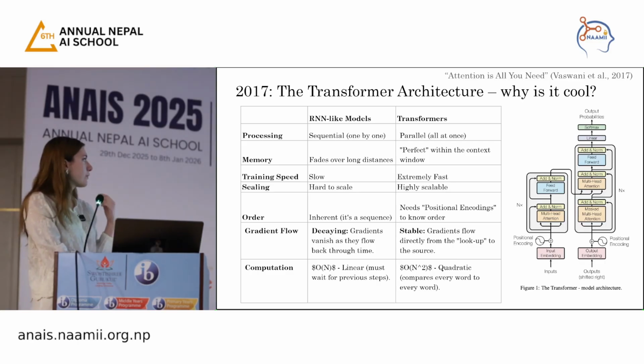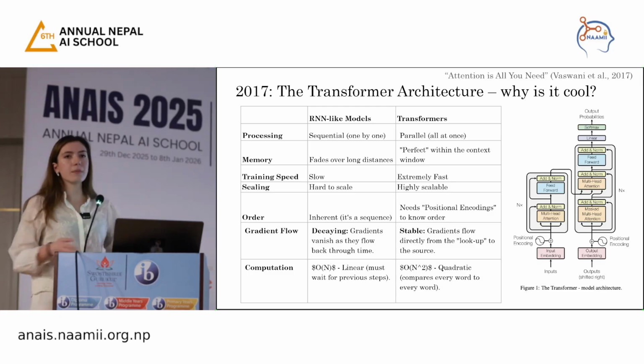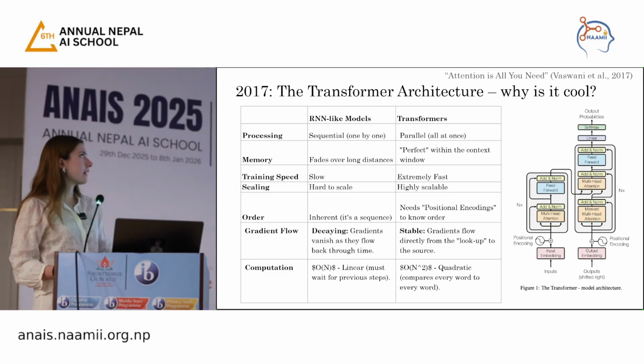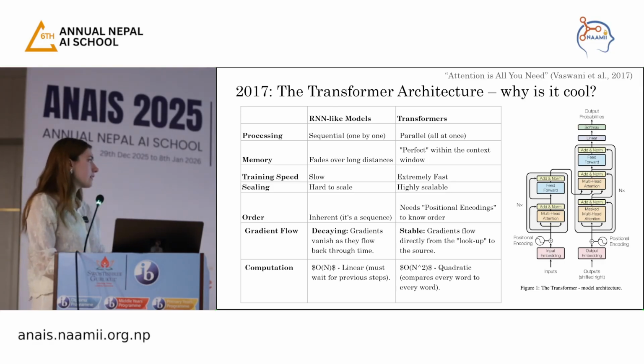Gradient stays stable in the transformers thanks to the add and norm and feed-forward layers. And computation for RNNs is linear, while for transformers it is quadratic, which used to be a bottleneck, but the novelties that have been introduced architecturally, especially 2 or 3 years ago, made it not such a big problem anymore.